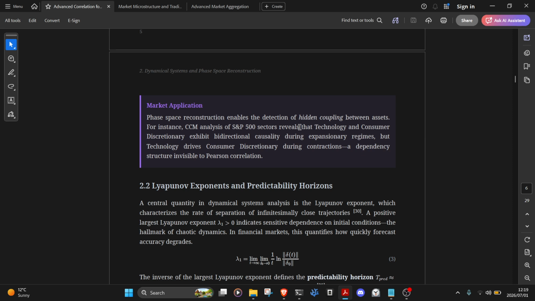For instance, CCM analysis of S&P 500 sectors reveals that technology and consumer discretionary exhibit bidirectional causality during expansionary regimes, but technology drives consumer discretionary during contractions, a dependency structure invisible to Pearson correlation because it's useless.